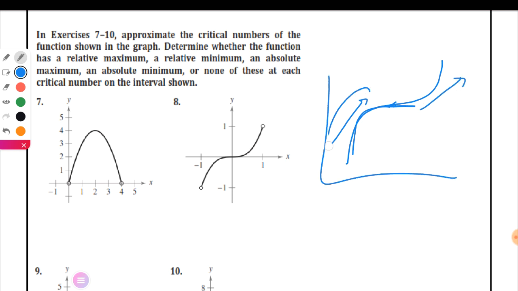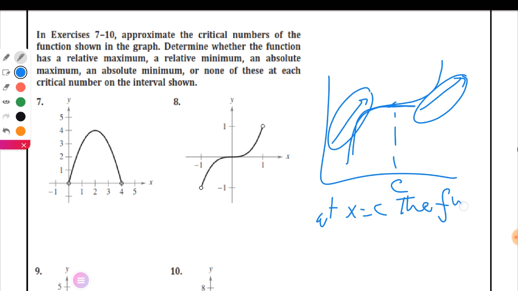Since the behavior does not change, at x equals c the function has no extrema. Clear? If the behavior does not change, increase and increase, or decrease and decrease, there are no extrema.